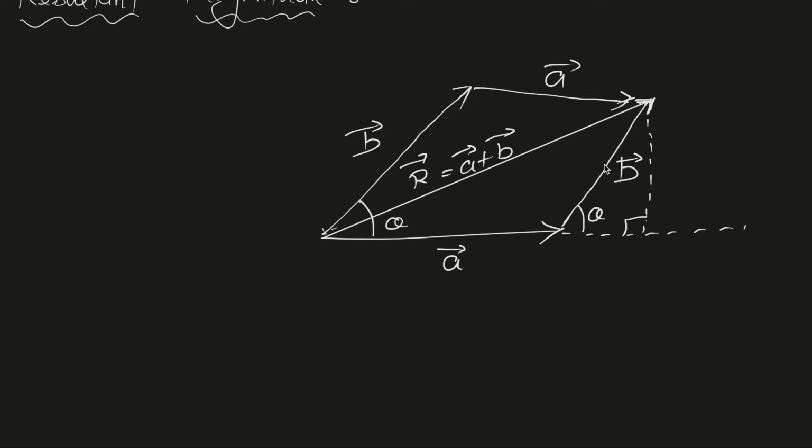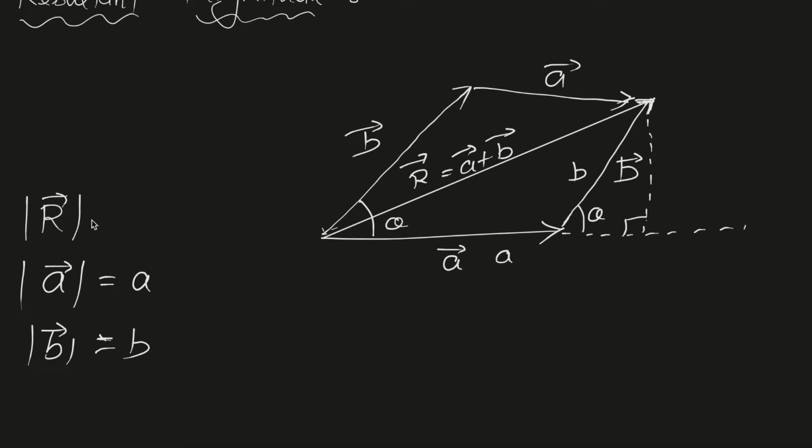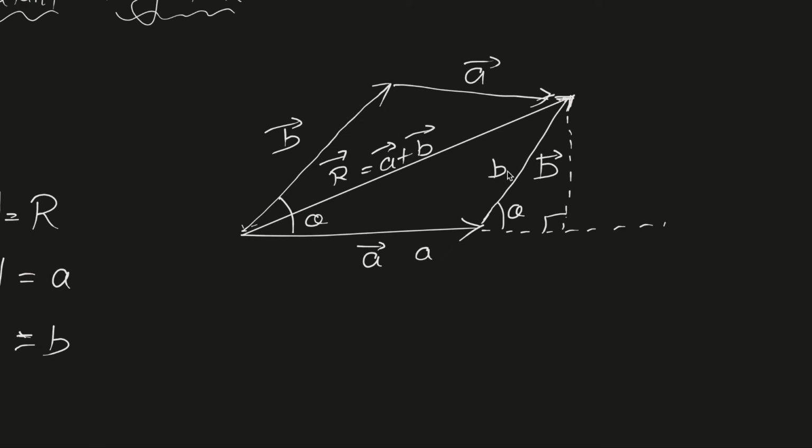If I take the magnitude b for this and magnitude a for this, I simply represent the magnitude of any vector a as a, the magnitude of the b vector as simply b, and the r vector magnitude is represented by r only.